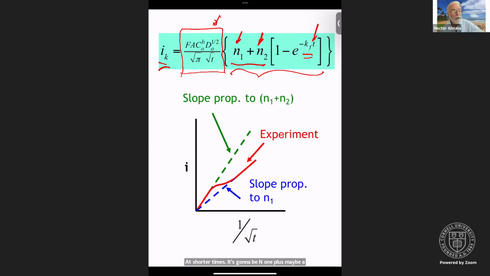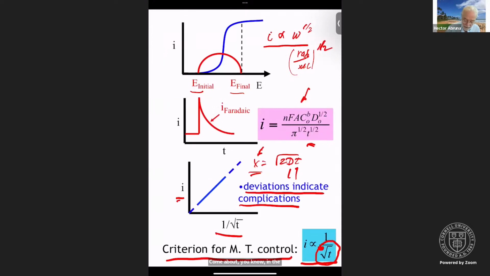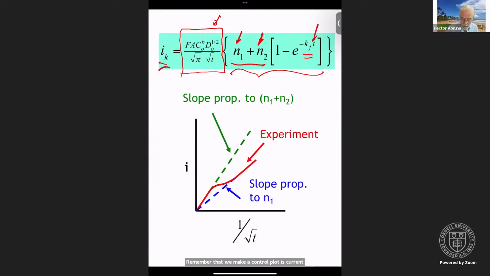And how does that come about in the plots that you would make? Remember that a Cottrell plot is current versus 1 over the square root of time. So if we do that here, current versus 1 over the square root of time.